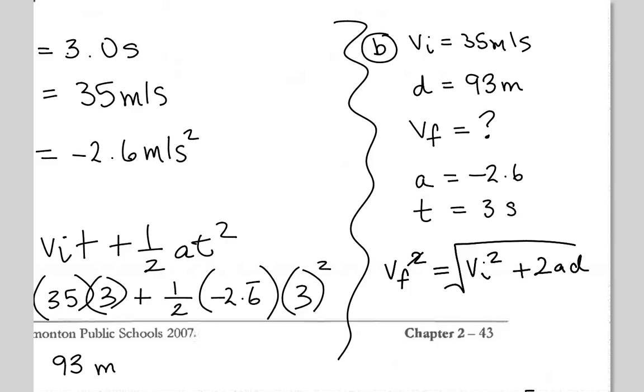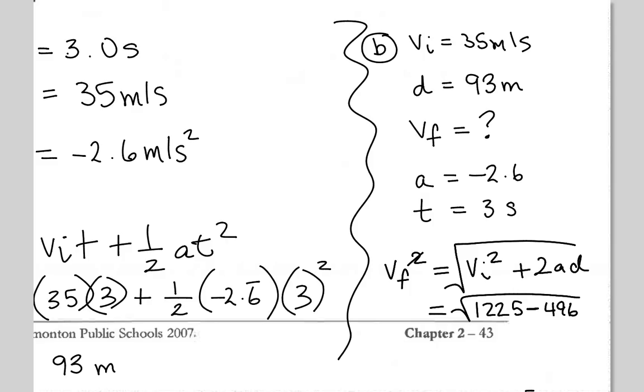So VI squared, 35 squared, 1225. And then this is going to be minus, because A is negative. So 2 times that 2.6 repeater, with it being negative, times this 93. So it ended up being like 496.